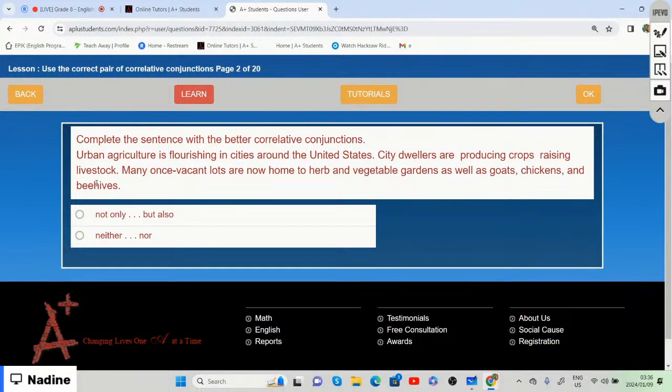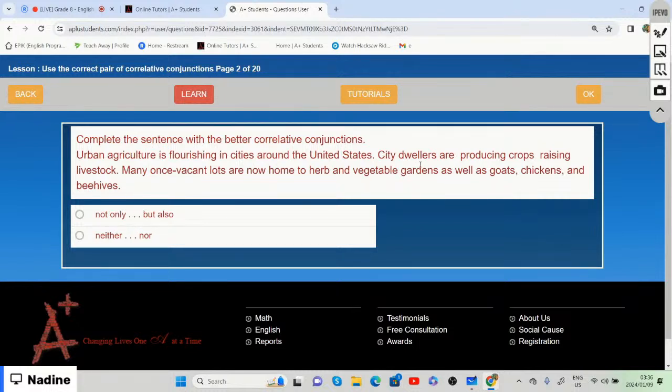All right. Urban agriculture is flourishing in cities around the United States.